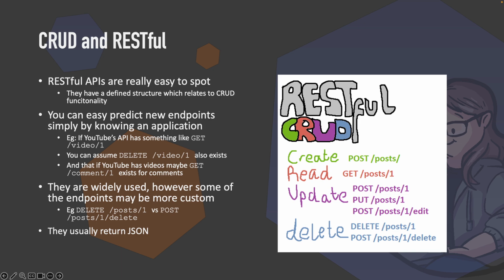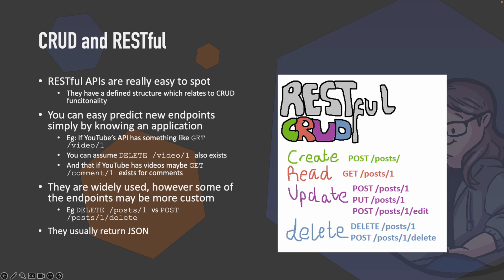We can read with GET /resource name /ID, or we can remove the ID. Removing the ID will fetch all of those resources, and keeping the ID will only fetch one. Again, we can imagine the resources can be anything. If we're on YouTube, they might be videos, they might be comments, they might be playlists, etc. We have update and then delete.